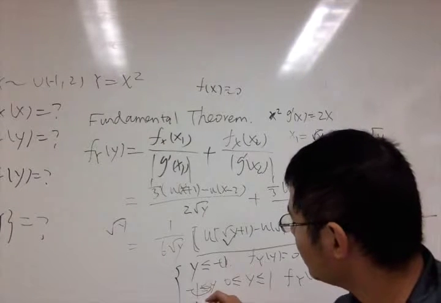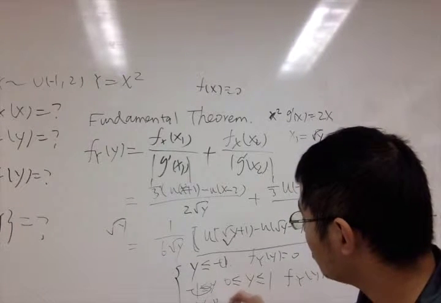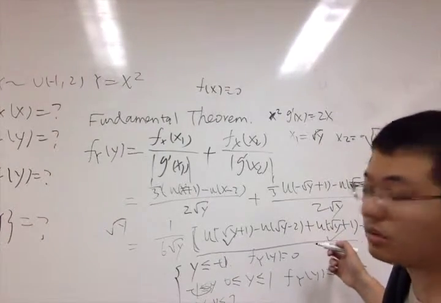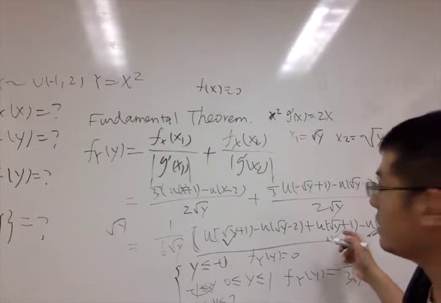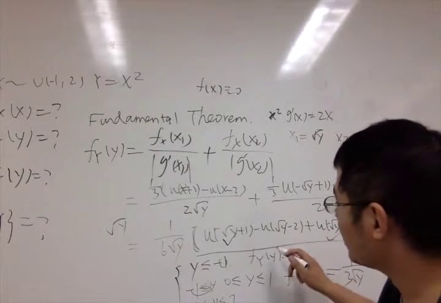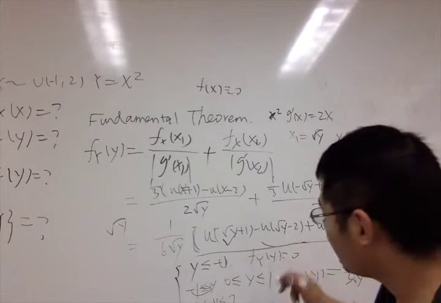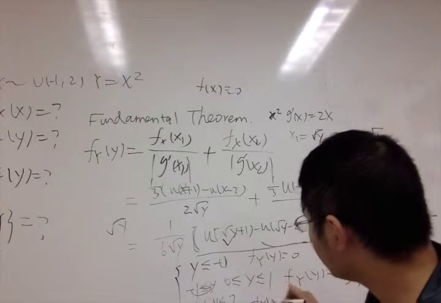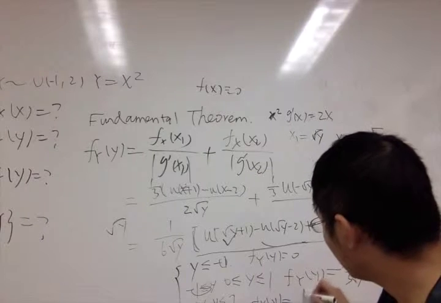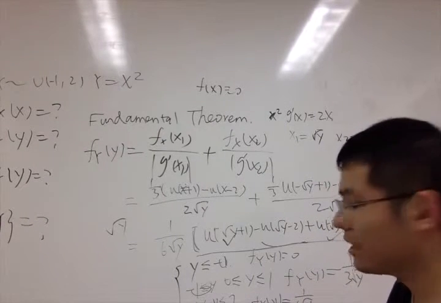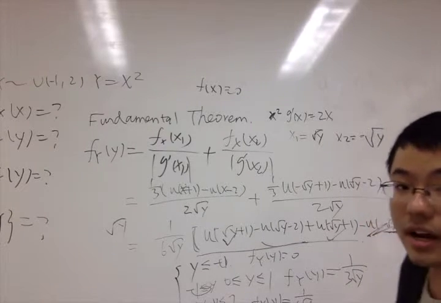And when y is from 1 through 4, one term will become 0, because inside it's negative, and we cancel that. And this one is still 0, so we have 1 term. So fy equals 1 over 6 square root y.